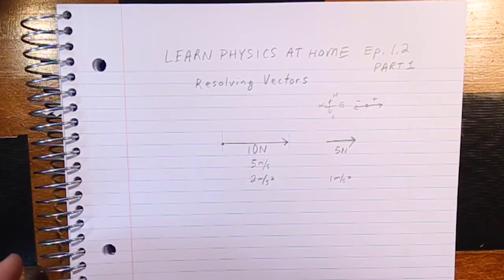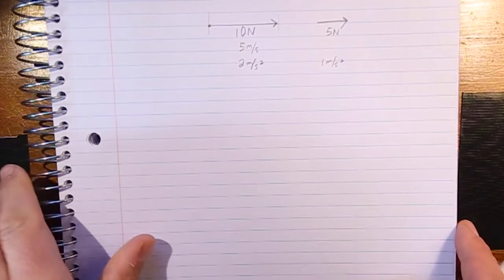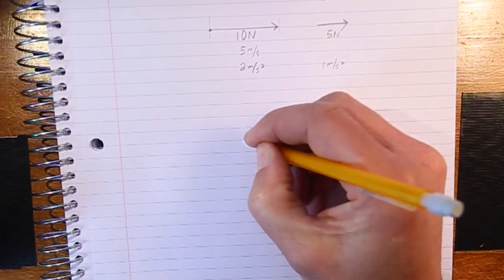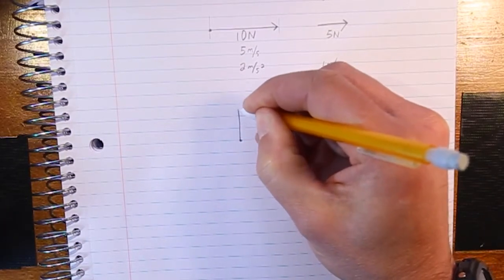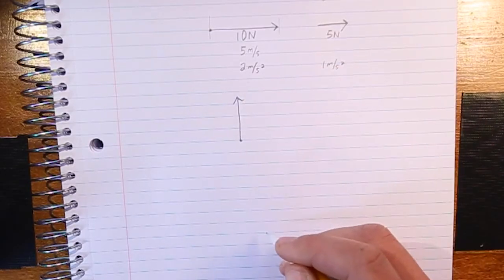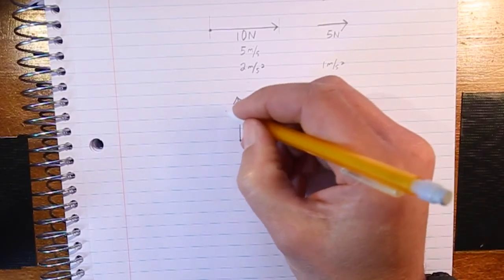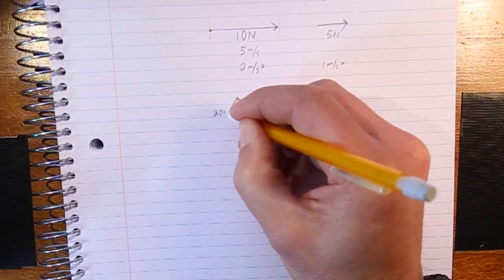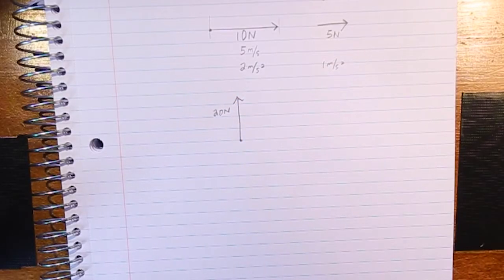So we can say the same thing is true for vectors that are up. So if we have a vector that's straight up, we could say that that vector is 20 newtons. So a vector that's half as long would be 10, or twice as long would be 40.